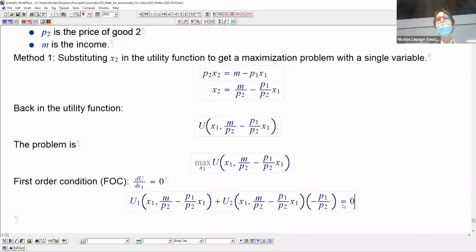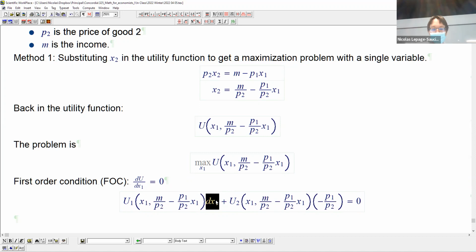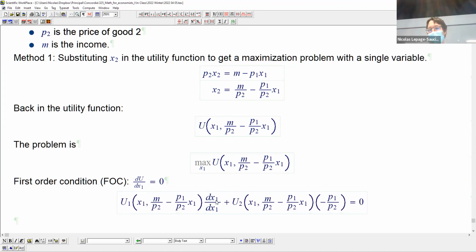Have you seen stuff like this before? Or is this confusing? It's okay. We're going to do it with a glass later. So if it's confusing, again, what I did is I take the first derivative with respect to the first argument, times dx1/dx1, which is of course 1.